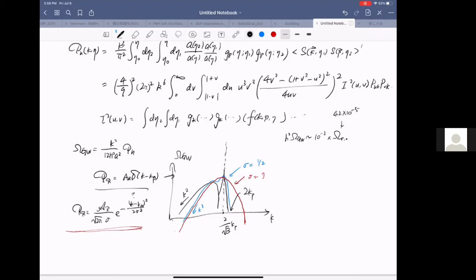So let's just make it h squared. h is like 0.7; Hubble is 100 h kilometers per second per Mpc. So let's make it in this way, times this, times the power spectrum of the scalar perturbation squared near the peak.